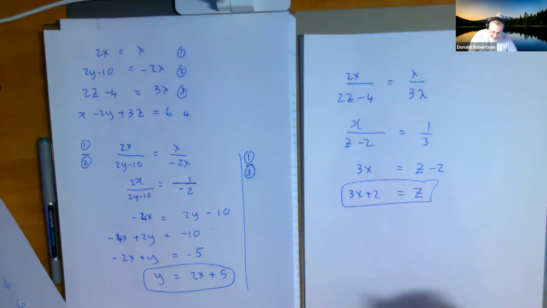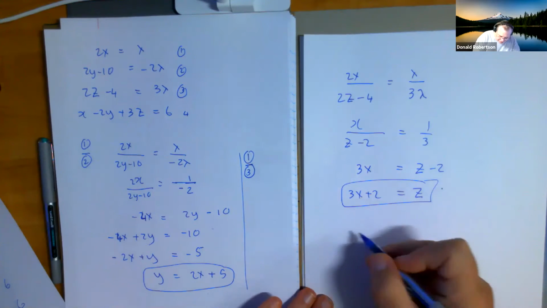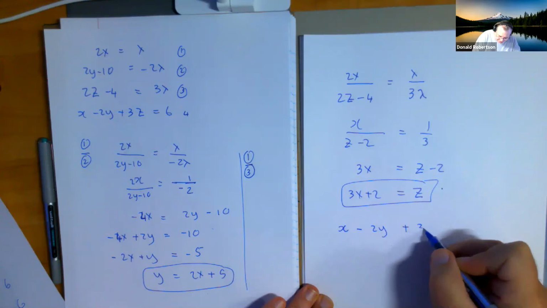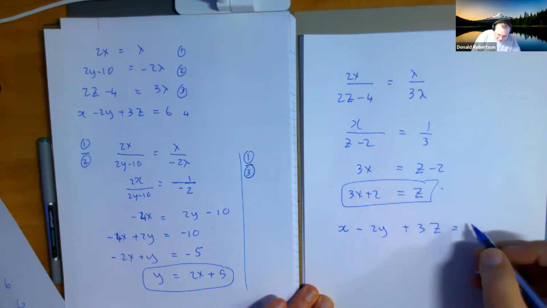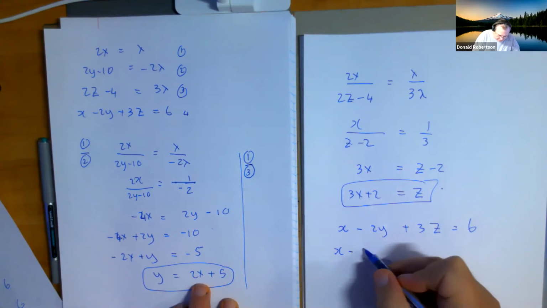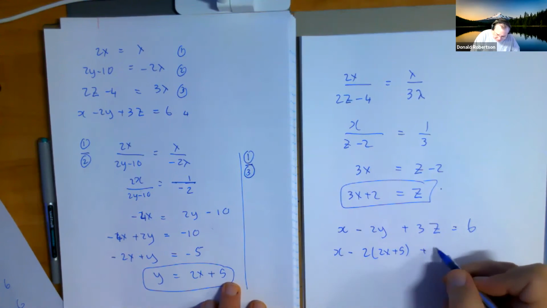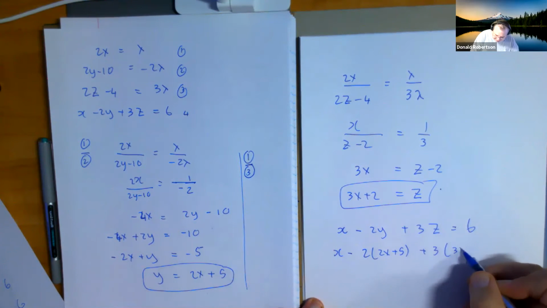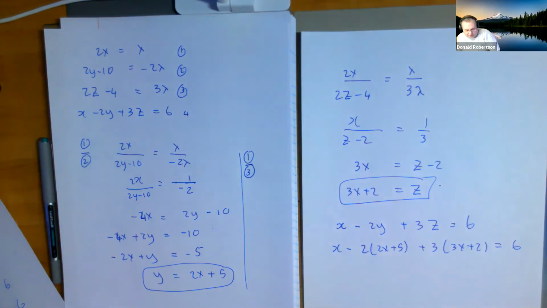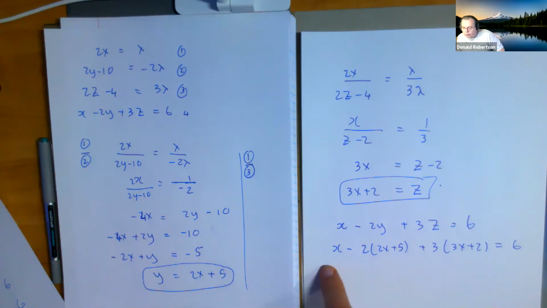Okay, now I'm going to use these two in the constraint function. So x take away 2y plus 3z has to equal 6. Well, x take away 2 lots of this guy plus 3 lots of this guy have to equal 6. You see what I've essentially done is I've taken the constraint function and reduced it to one variable.